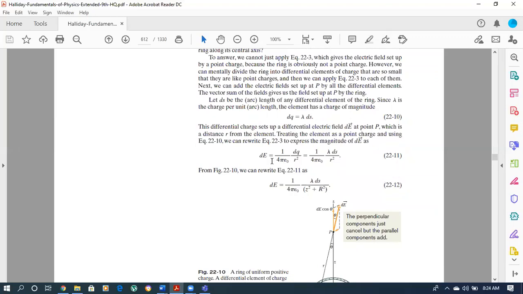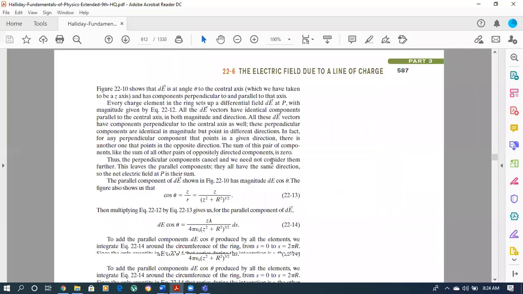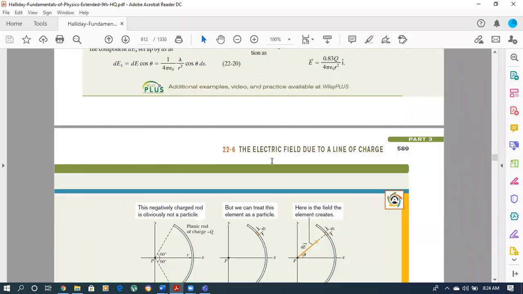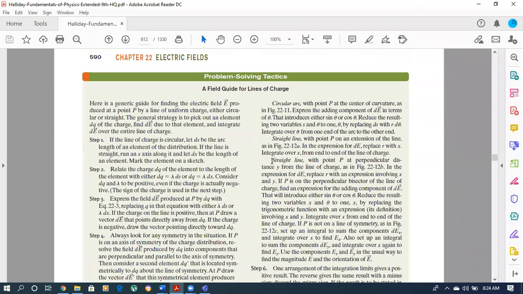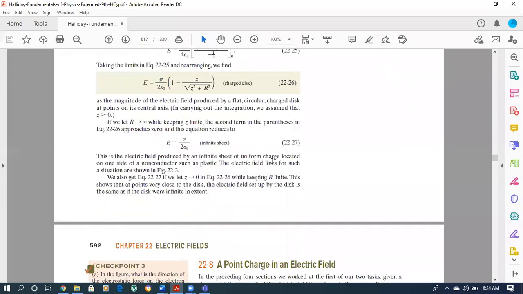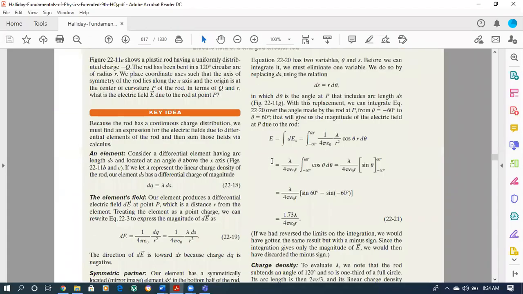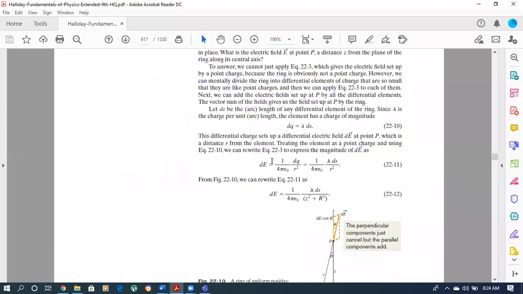From here, the next three topics are electric field due to line charge, electric field due to a charged ring, and electric field due to a charged disk. In all these topics, remember just one thing: instead of charge magnitude, we will deal with the charge density.